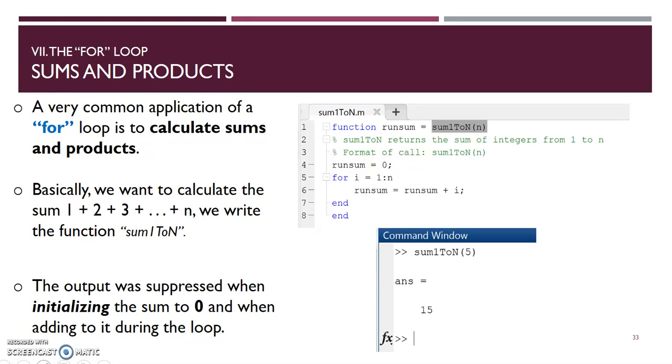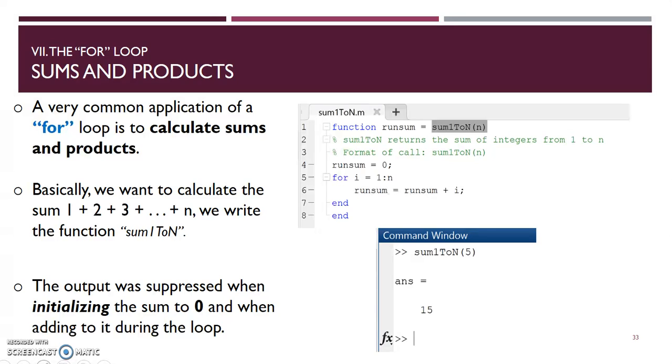Please look at the body of the sum 1 to n function that I have within here. Let's see how this function works if n equals 5. At the beginning of the function, the variable run sum is initialized with a value of 0. Once the value of run sum is initialized, then the loop starts.